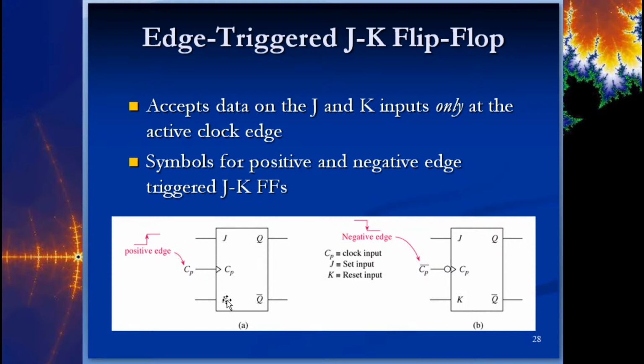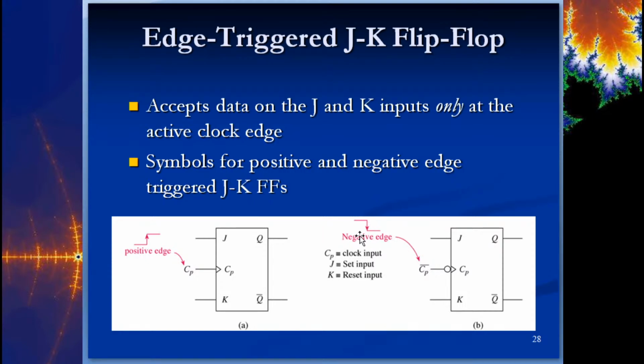Now, to further make sure that there's no noise on the line, you really want to use a negative edge triggered JK flip-flop because you're looking for the moment in time where it goes from high to low, okay? As opposed to the entire time the clock pulse is high, where it can take on those little spikes accidentally and register them as a high.